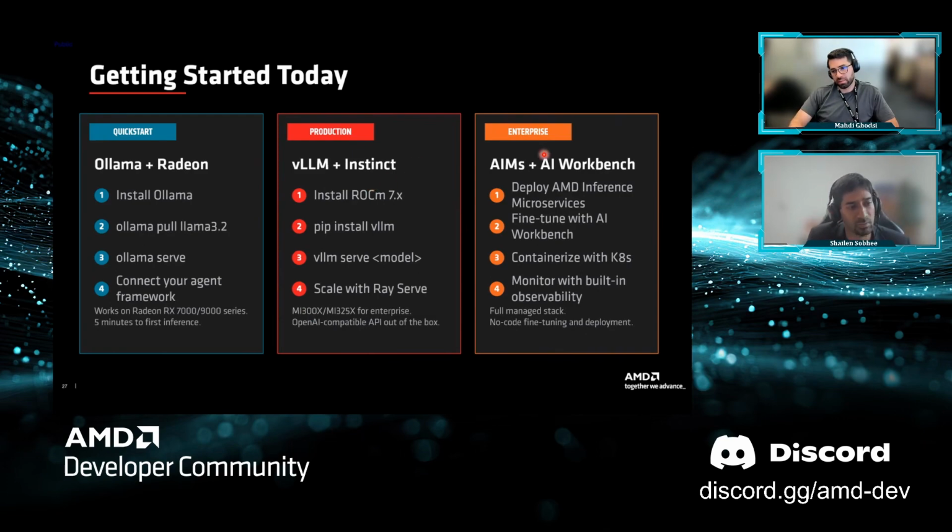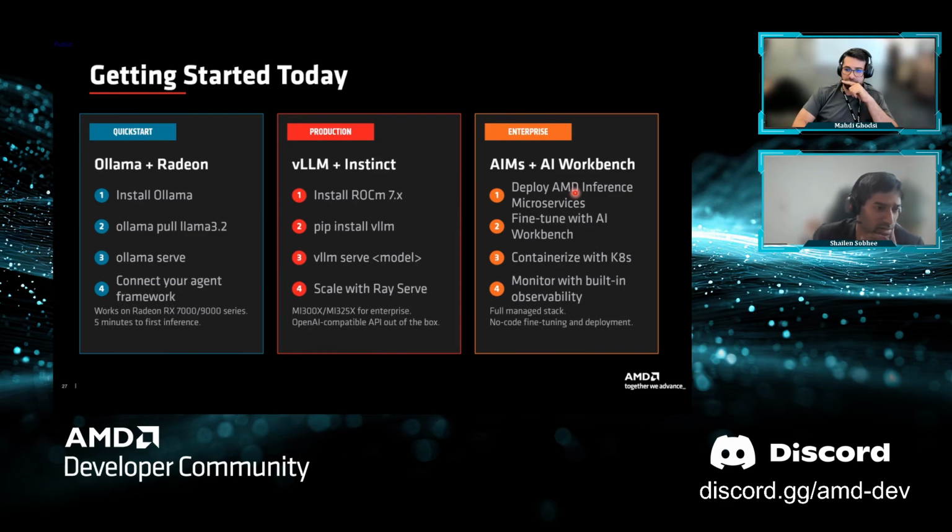And for enterprise, we also have the AIMs, the AMD Inference Microservices. This is what AIM stands for. We have those prepackaged microservices that come with everything that you need to deploy inference at scale. You can fine-tune with the AI Workbench.